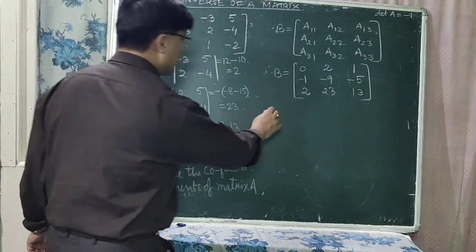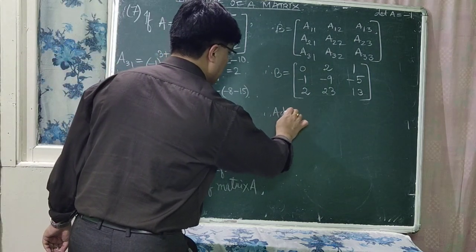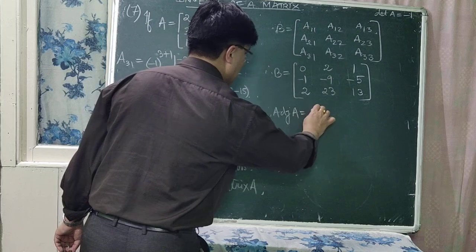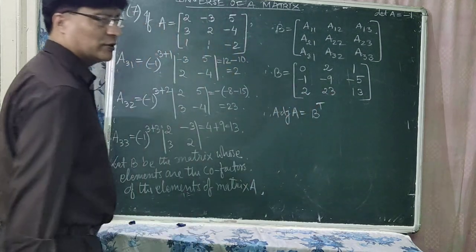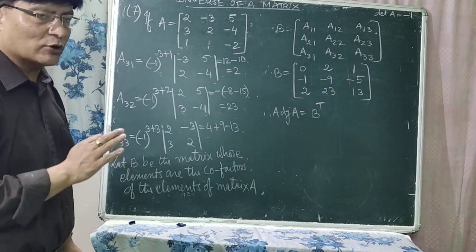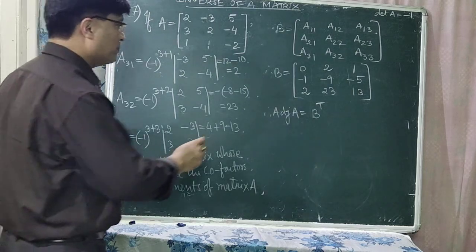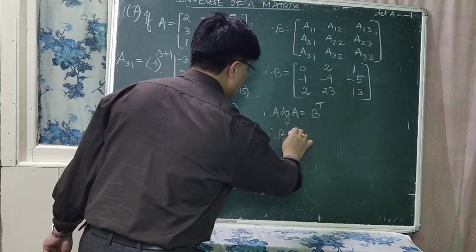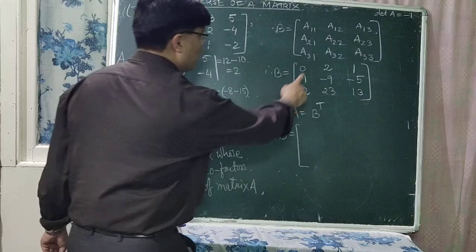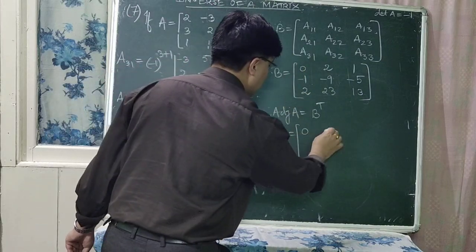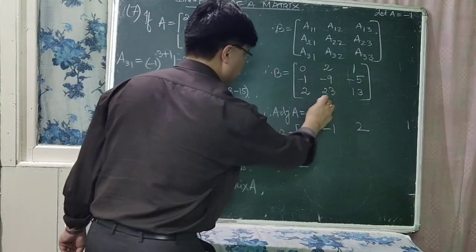So how can you find out the adjoint of A? ADJ A is equal to B transpose. That means you have to change rows into columns and columns into rows in matrix B. Now the first column becomes the first row, 0, minus 1, 2.